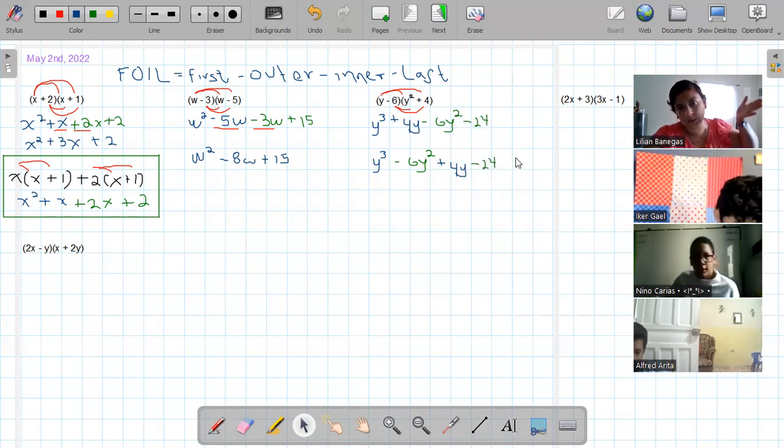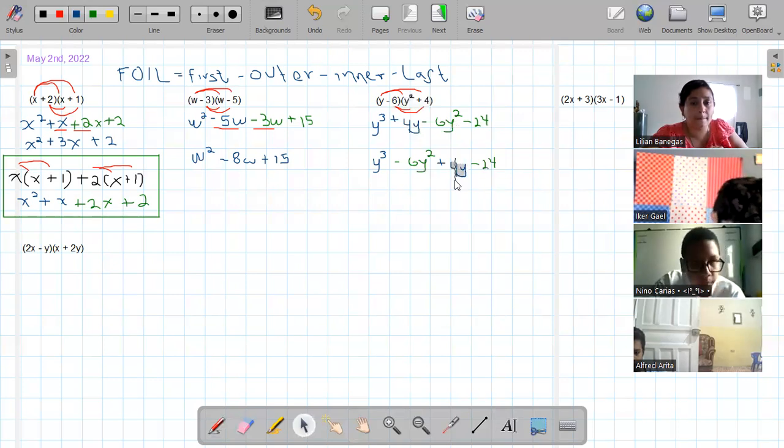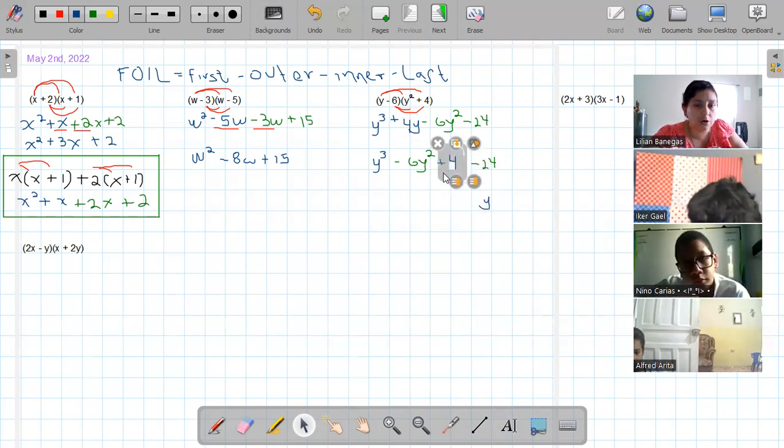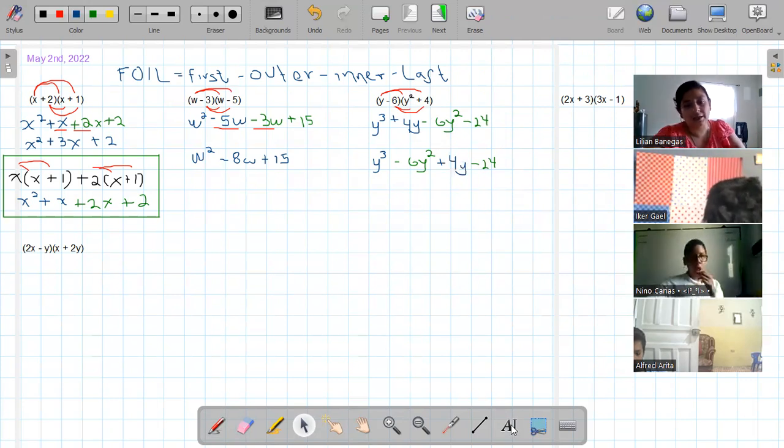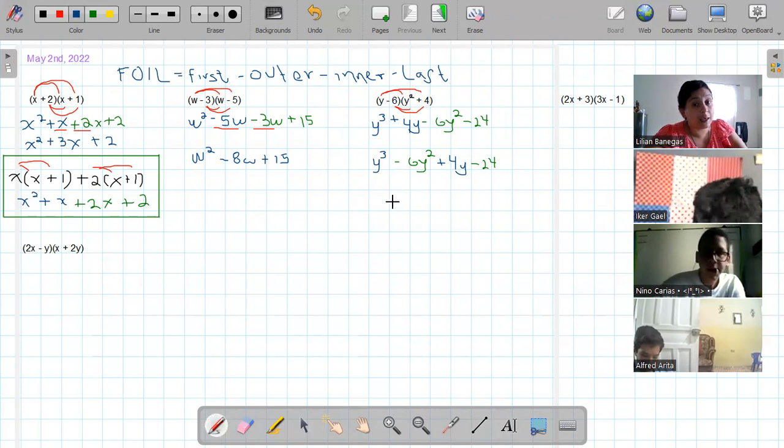And I always take into account the sign that's right on the left. And that would be my final answer. Did it change anything? Not really. You just changed the order so you can have it in standard form. And that's all that we did. Okay, but as you can see, I didn't simplify anything else. I just wrote it in standard form.